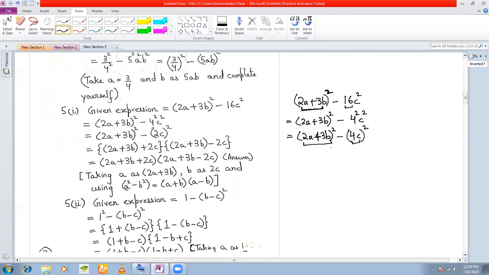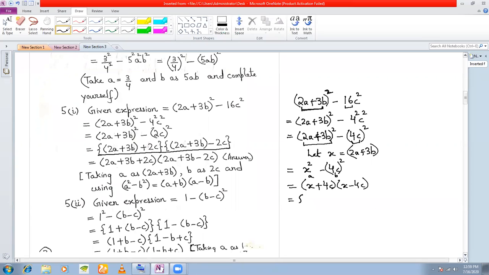Now in the problem where I have solved, I have done it directly. What you can do is you can say let x is equal to 2a plus 3b. Therefore this expression now becomes x square minus (4c) whole square. Now this is the difference of squares. You can break it up as x plus 4c, this is your a and 4c is your b, times x minus 4c.